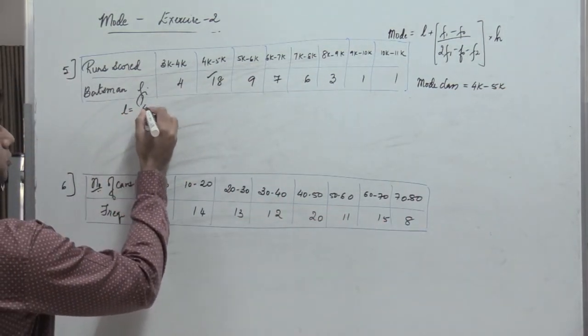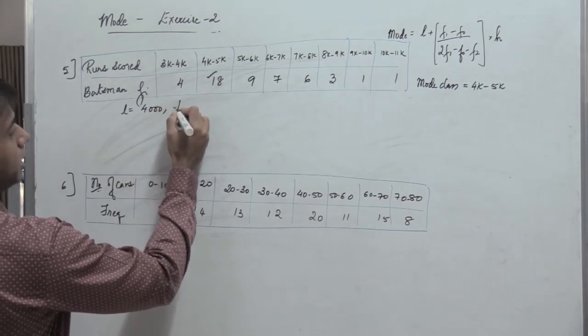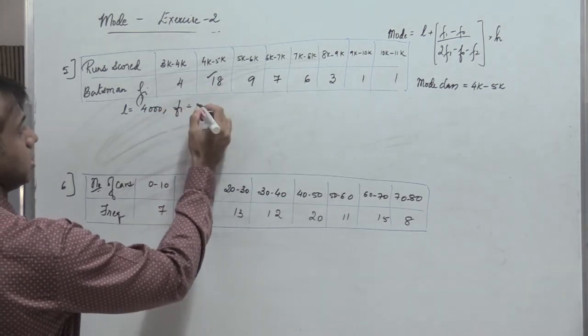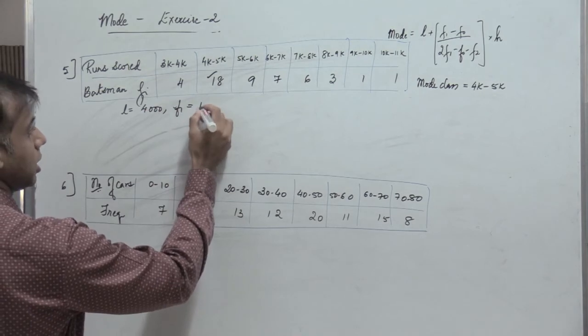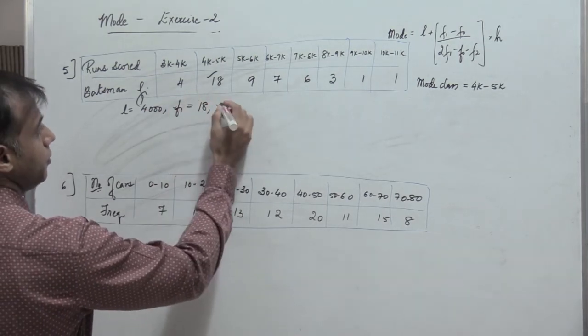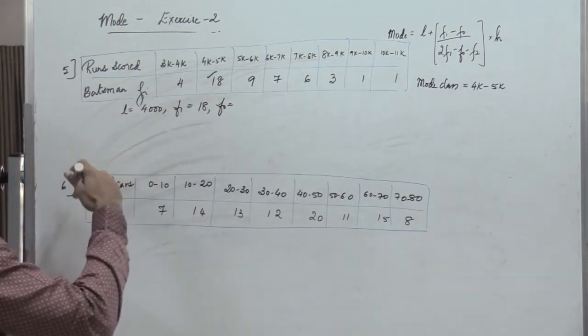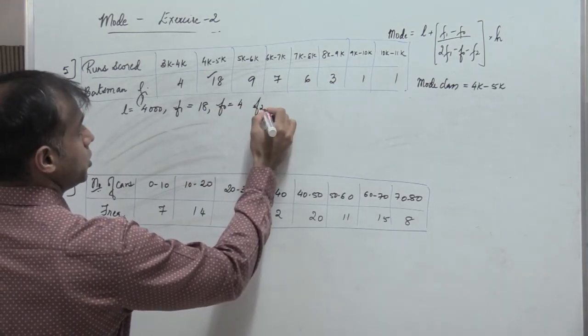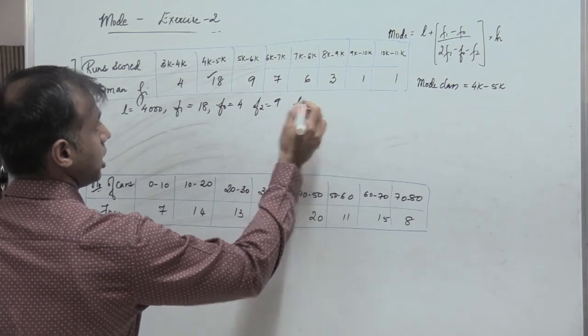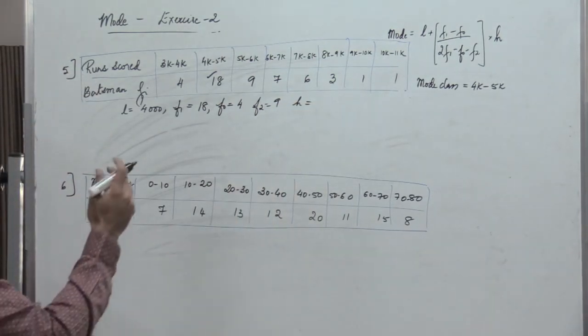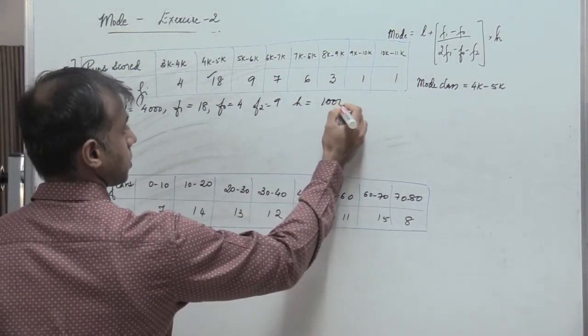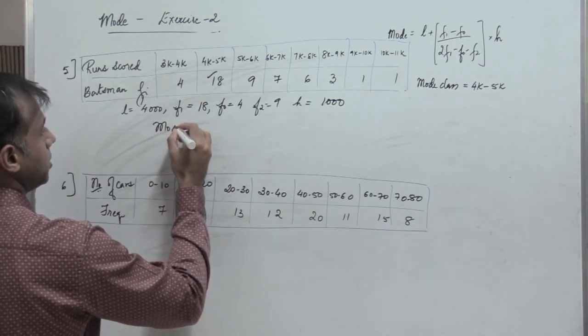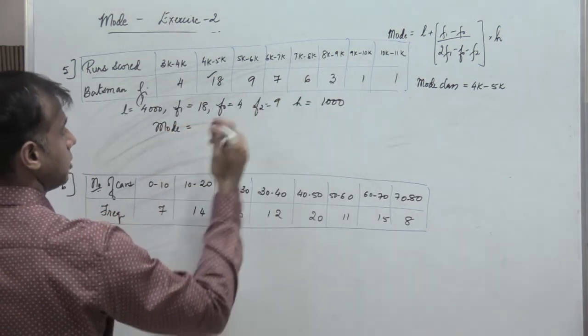So I need to find the value of L. The lower limit is 4,000. And F1 is the frequency of the considered mode class, which is 18, and then F0 is the preceding frequency, which is 4, F2 is 9, and H happens to be the interval, which is 1000. So the mode value is calculated by using the formula.